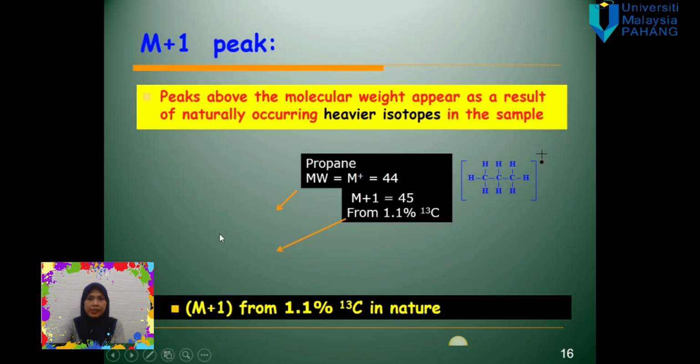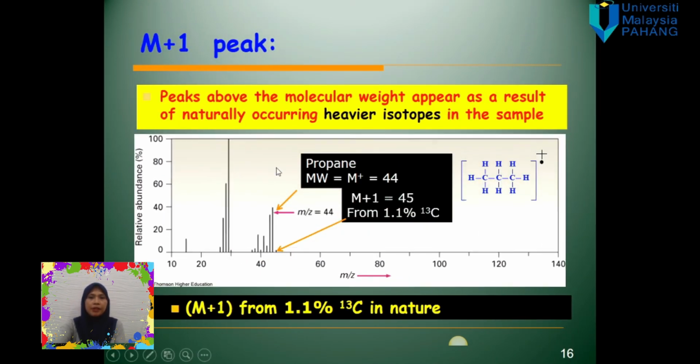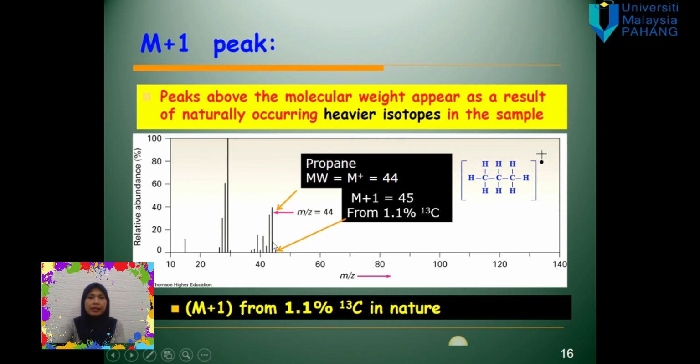Let's look at the M+1 peak first. In this spectrum, we can see the M+, the molecular weight of this propane molecule, which is 44. There's another small peak at M+1, which is 45. What does this peak mean? It is only 1% of the molecular ion peak. This peak comes from the presence of the isotope C-13 in the organic compound.